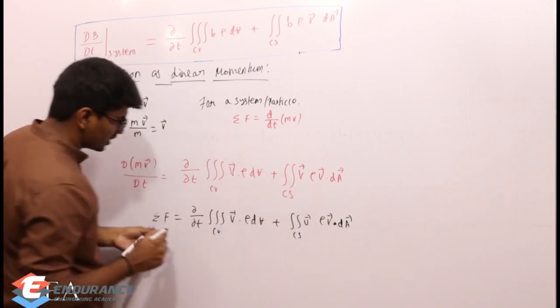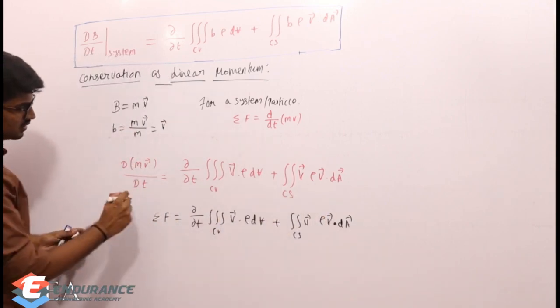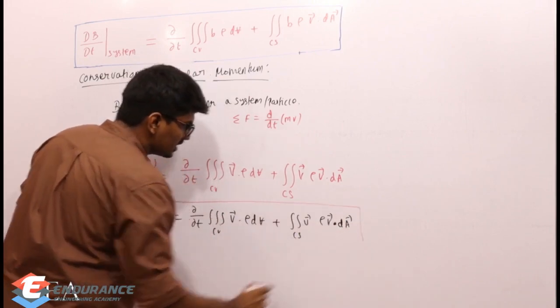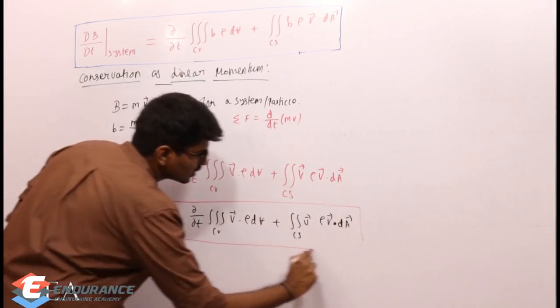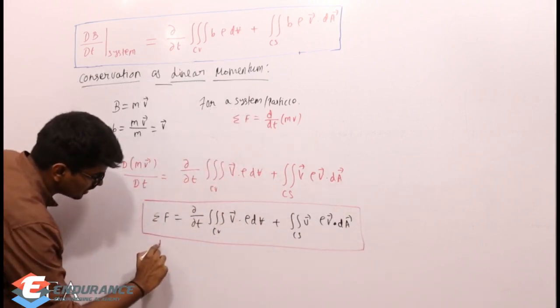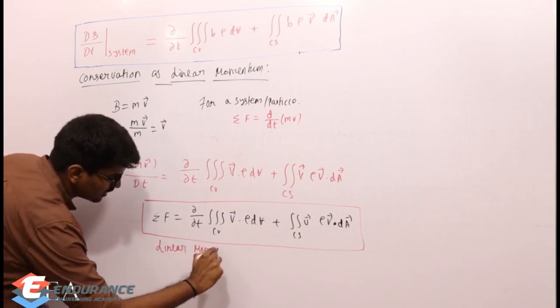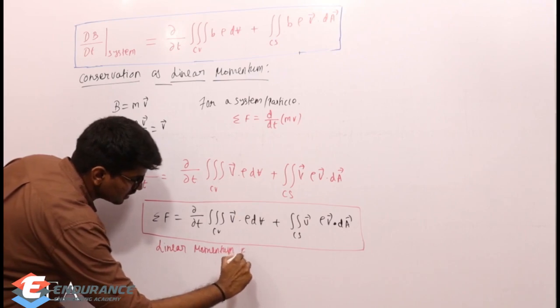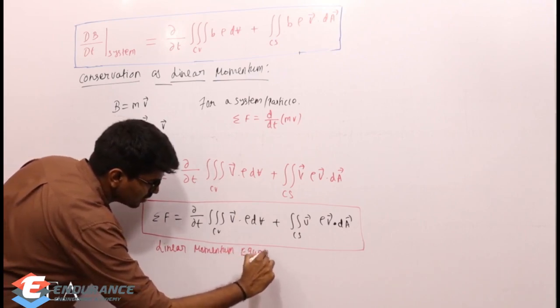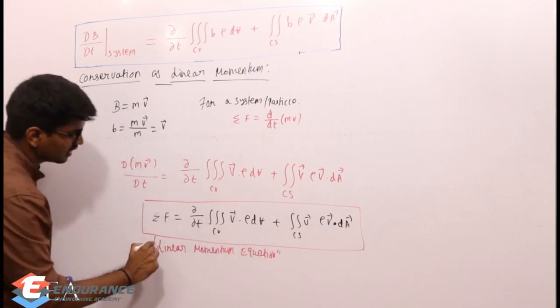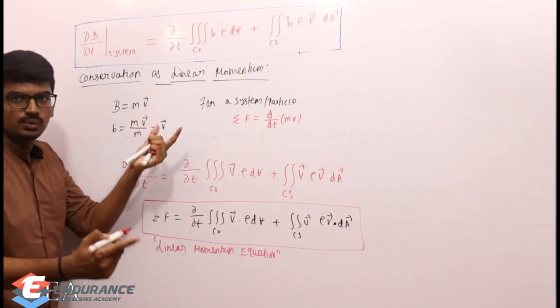This equation is called the momentum equation, or in another term the linear momentum equation. Why is it the linear momentum equation? Because I am finding it for linear momentum. Next I will be doing angular momentum.